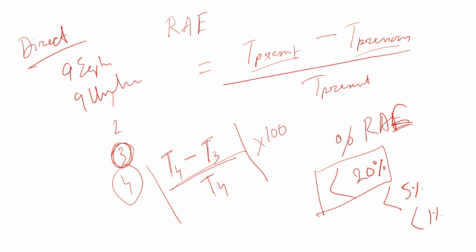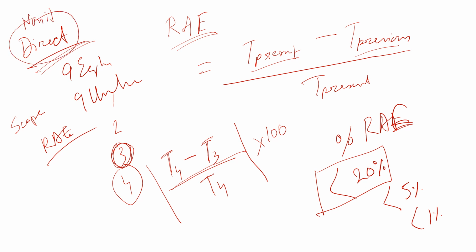But in this direct method, you have no scope to analyze the error, this relative absolute error. But in case of the Gauss-Seidel method, as it is an iterative method, you can analyze the RAE, relative absolute error, and accordingly you move ahead for a better solution, right?